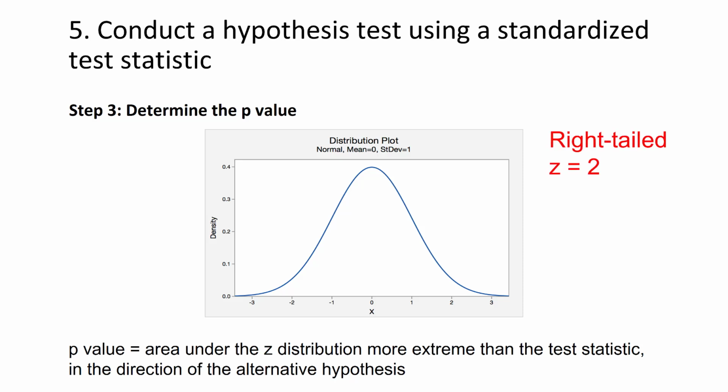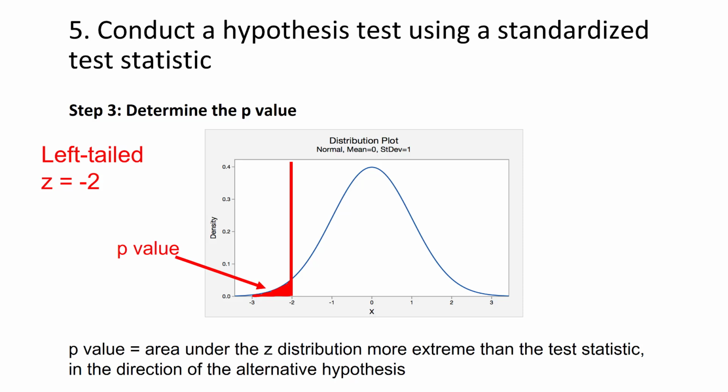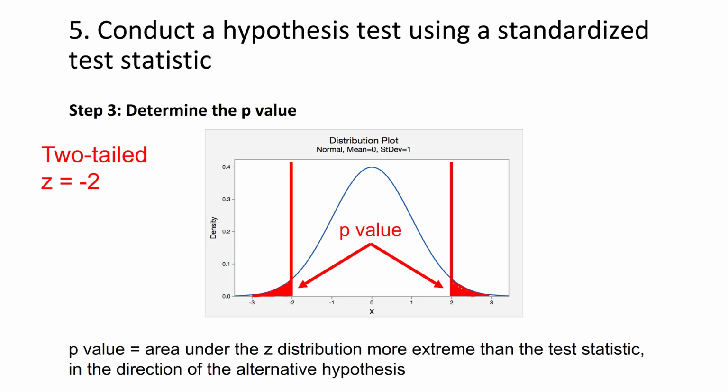For example, if we had a right-tailed test with a test statistic of z equals 2, the p-value would be the area to the right of a z-score of 2. If we had a left-tailed test with a z-score of -2, the p-value would be the area to the left of z equals -2. If this were a two-tailed test, the p-value would be represented in both tails, just like before.